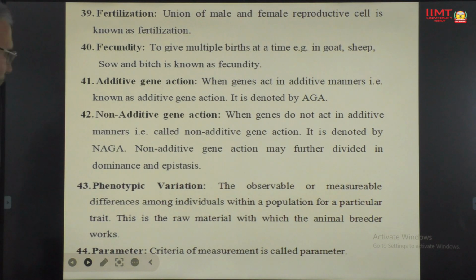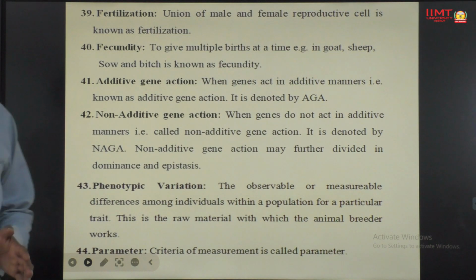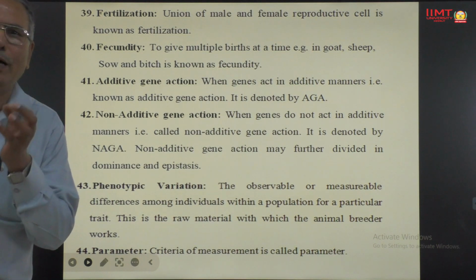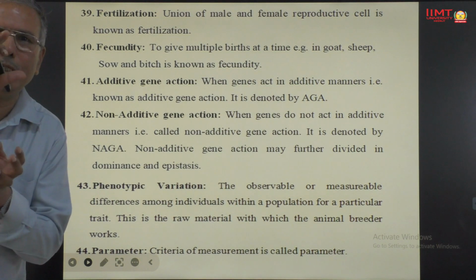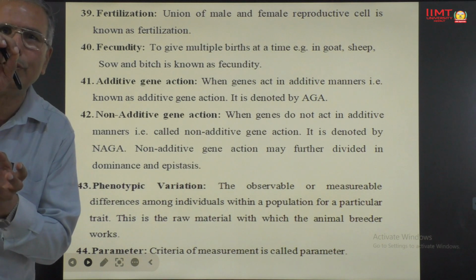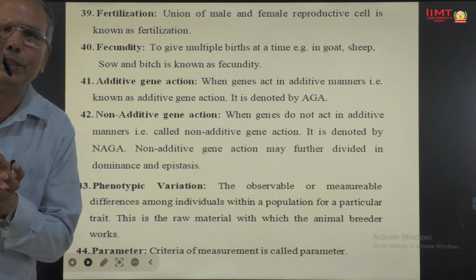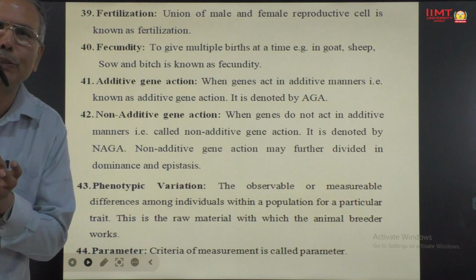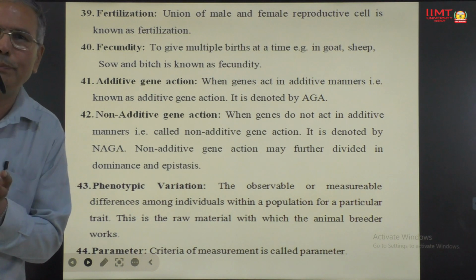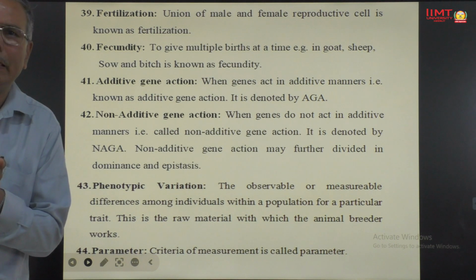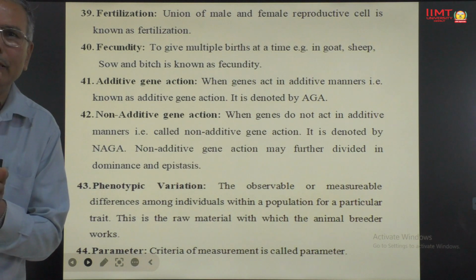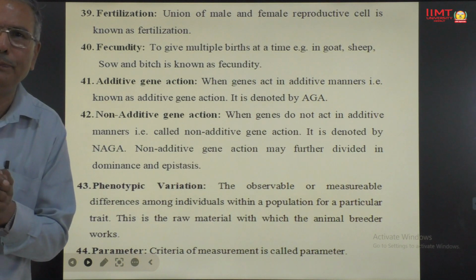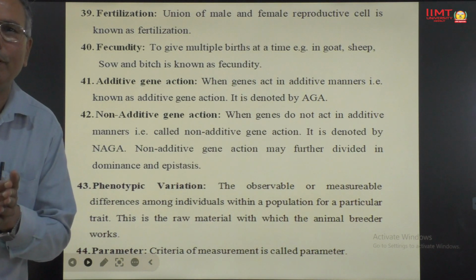Phenotypic variation. The observable or measurable differences among individuals on a single trait are known as phenotypic variation. This variation is the raw material with which the animal breeder works.